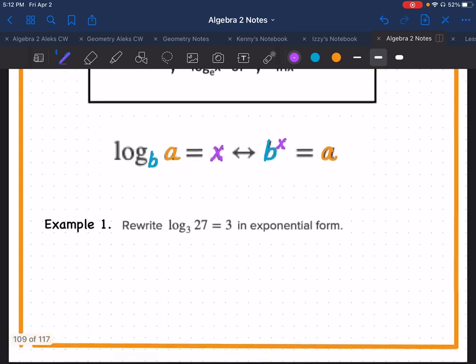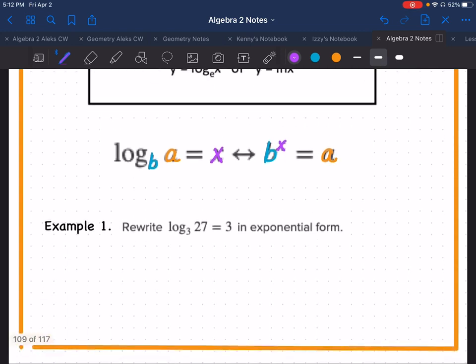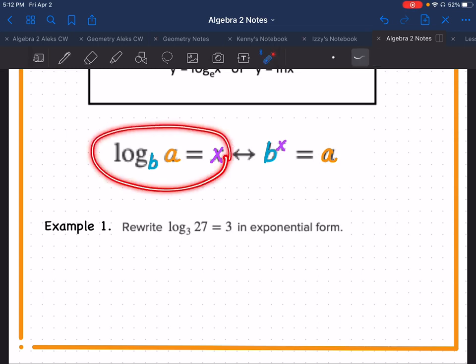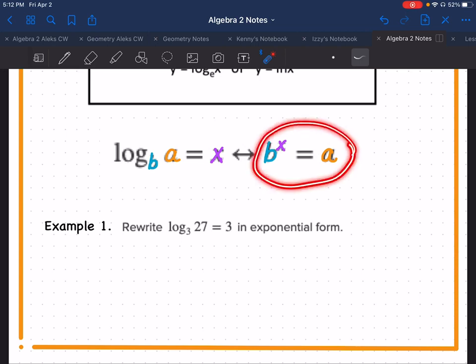All right, let's go ahead and rewrite a logarithm in exponential form. So here's our log base 3 of 27 equals 3. All they want you to do is take it from this form here and change it to this form here. That's all they want you to do. The arrow is double-sided because I could ask you to start here and then change it to this one.